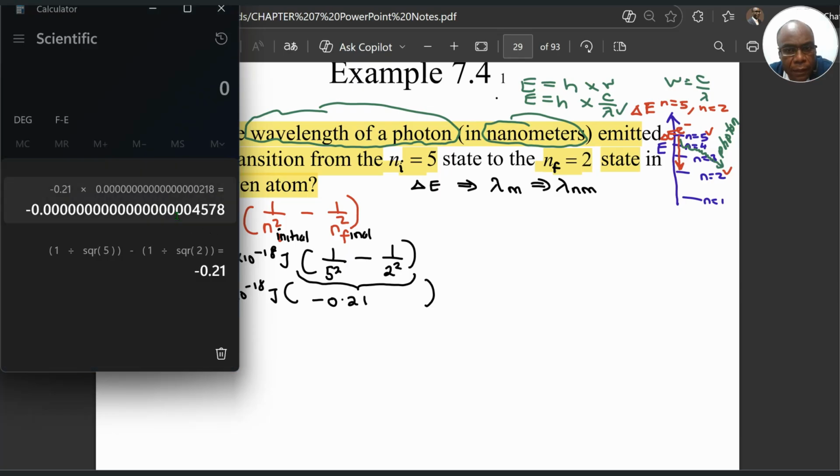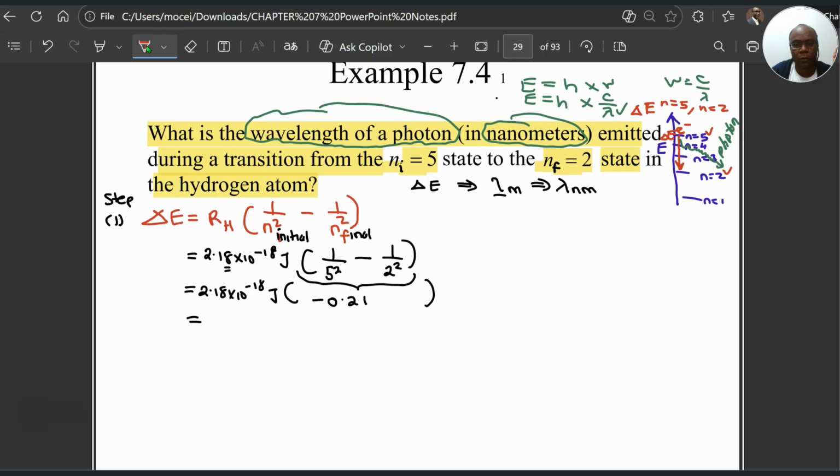Let's see how many decimal places to move after 4: 1, 2, 3, 4, 5, 6, 7, 8, 9, 10, 11, 12, 13, 14, 15, 16, 17, 18, 19. So my delta E here is going to be negative 4.578 times 10 to the power negative 19 joules.